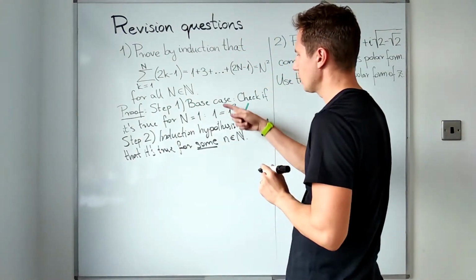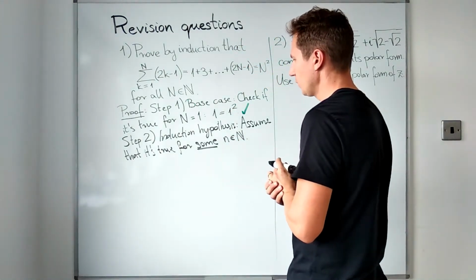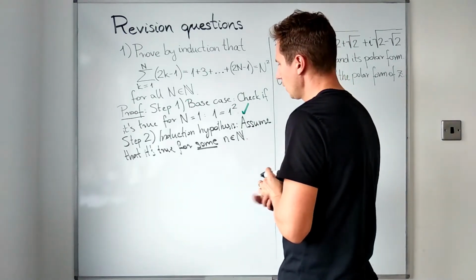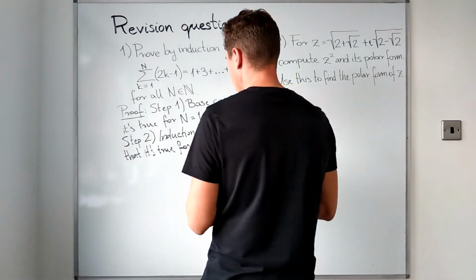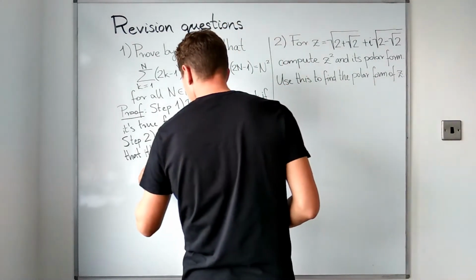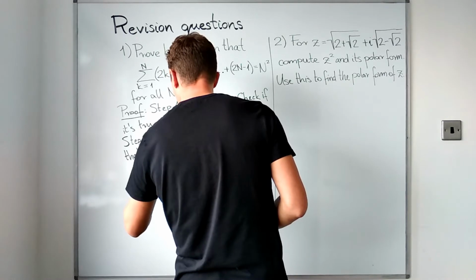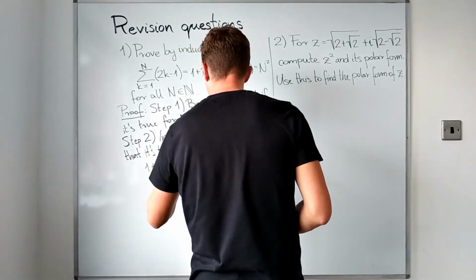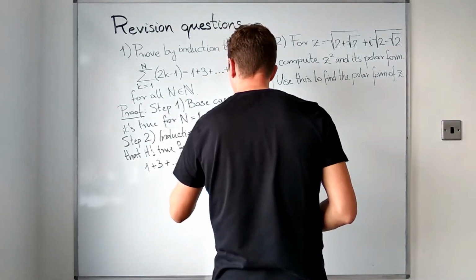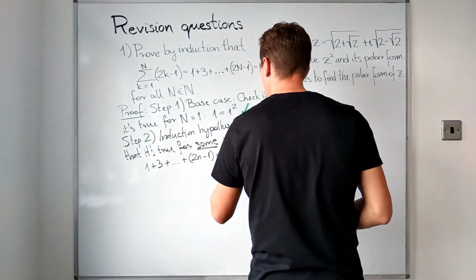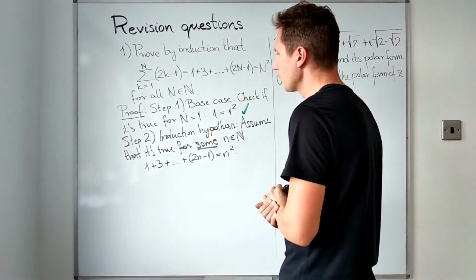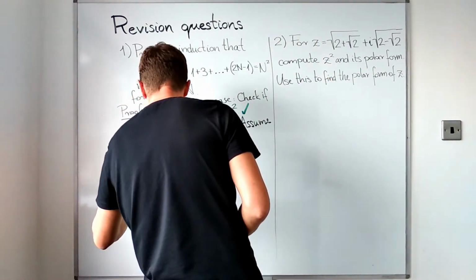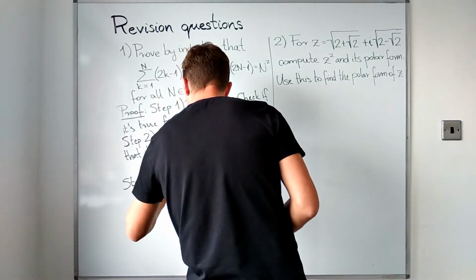We know that there is already one of these, so it's not an empty assumption, it's not an empty statement. We assume that it is true for some little n, meaning that we assume that the sum 1 plus 3 plus 5 plus so on, all the way to little n minus 1 equals little n squared. This is our assumption.